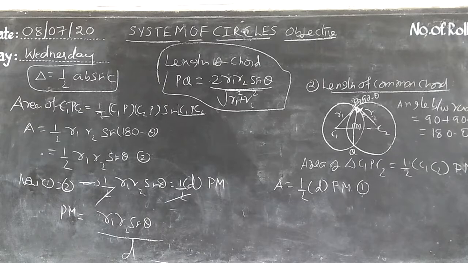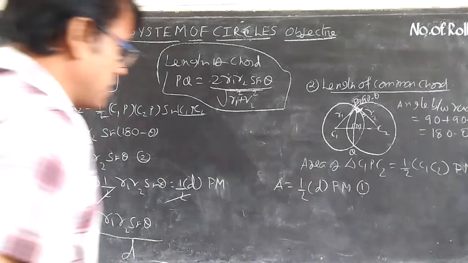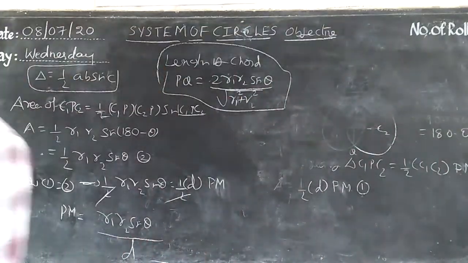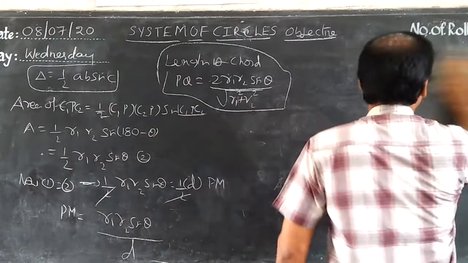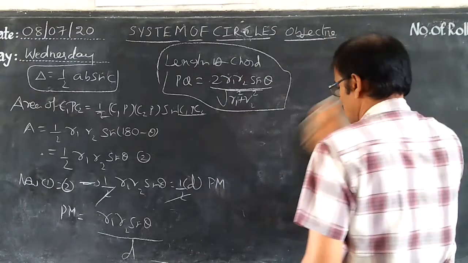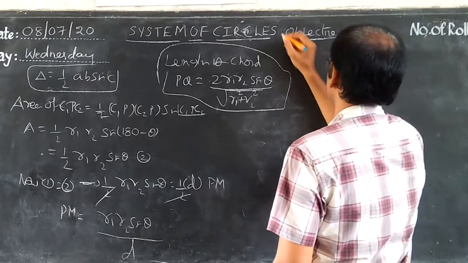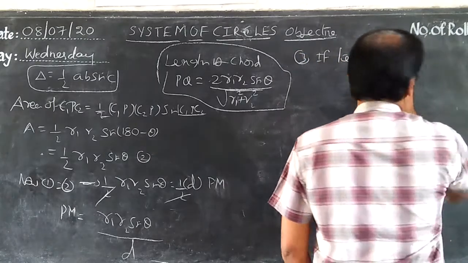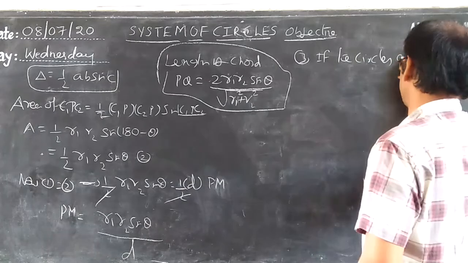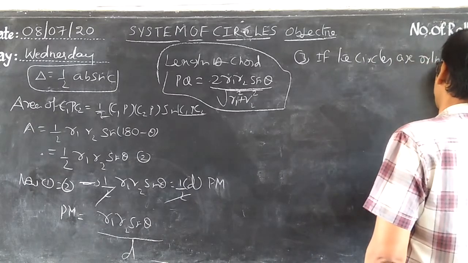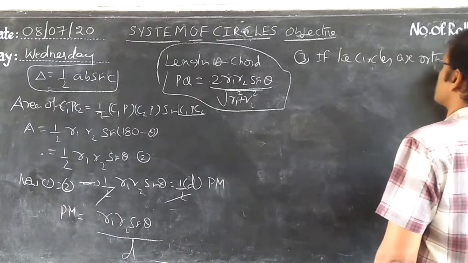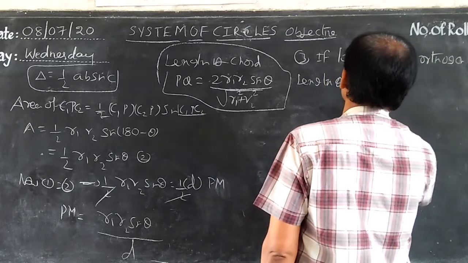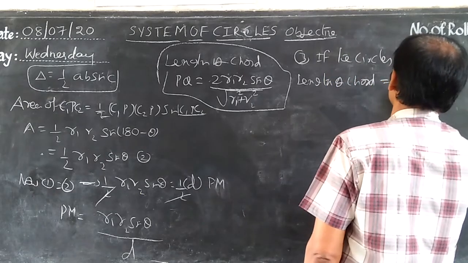Next, you can write this one for 90 degrees, that is, if the circles are orthogonal. Let us write the next formula, the third formula. If the circles are orthogonal, what is the length of the chord?